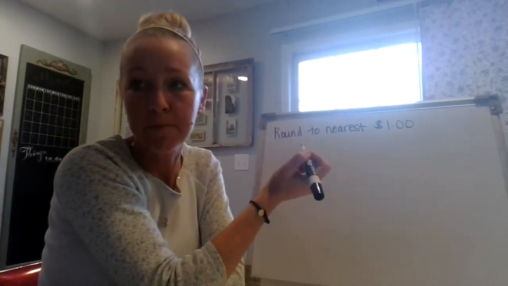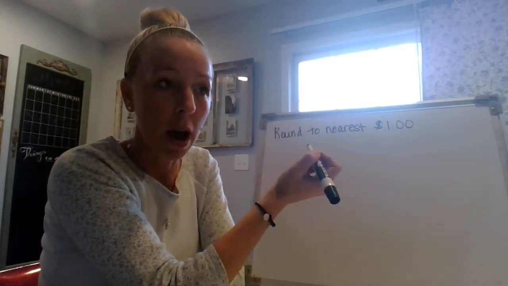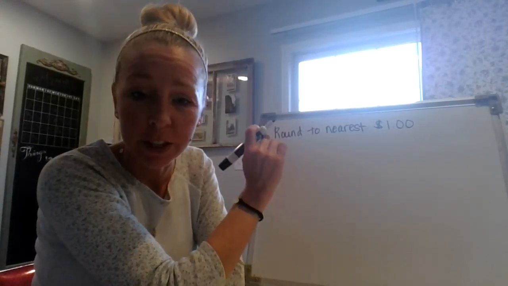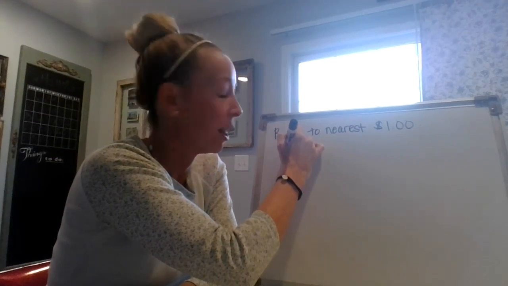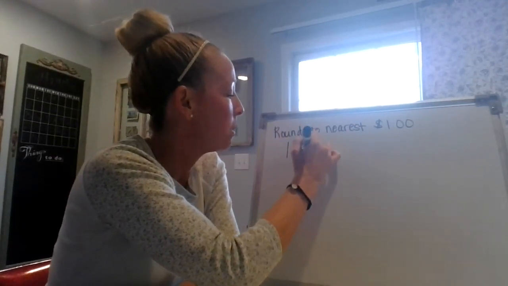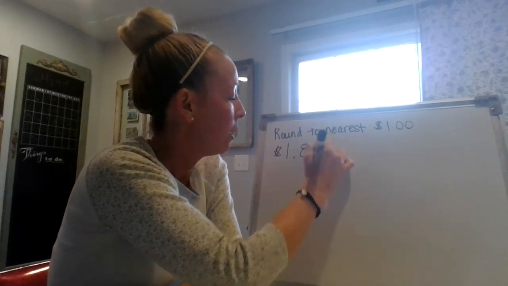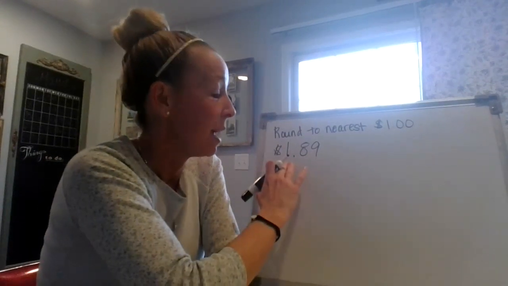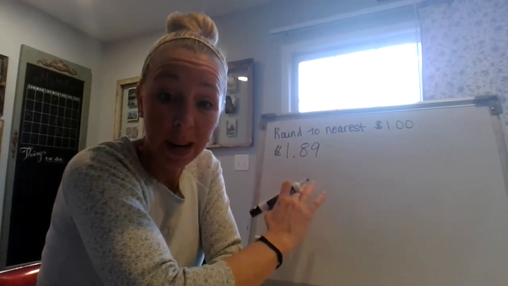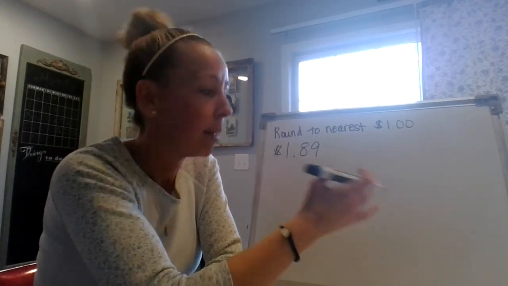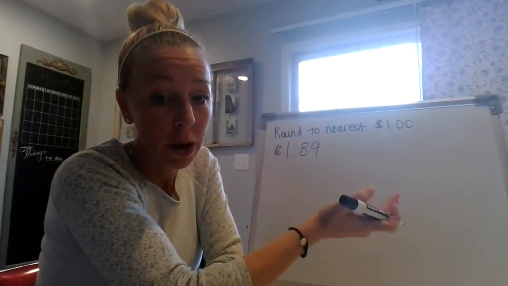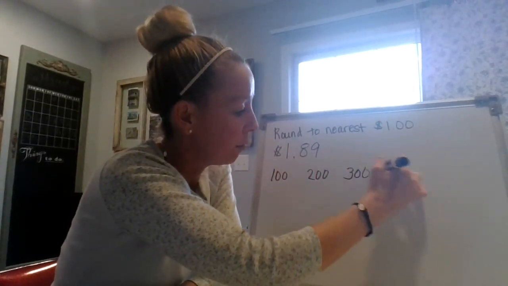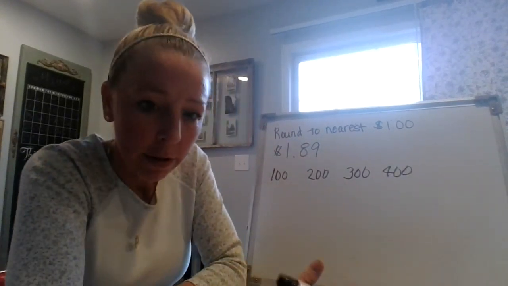So let's say a bottle of dish soap. I'm in the kitchen, so I'm thinking of kitchen items. Let's say I look it up on gianteagle.com, and it costs $1.89. If I think about it as 189 pennies, it's the same thing as rounding to the nearest 100. So would it be closer to 100, 200, 300, 400, 500, 600, 700?